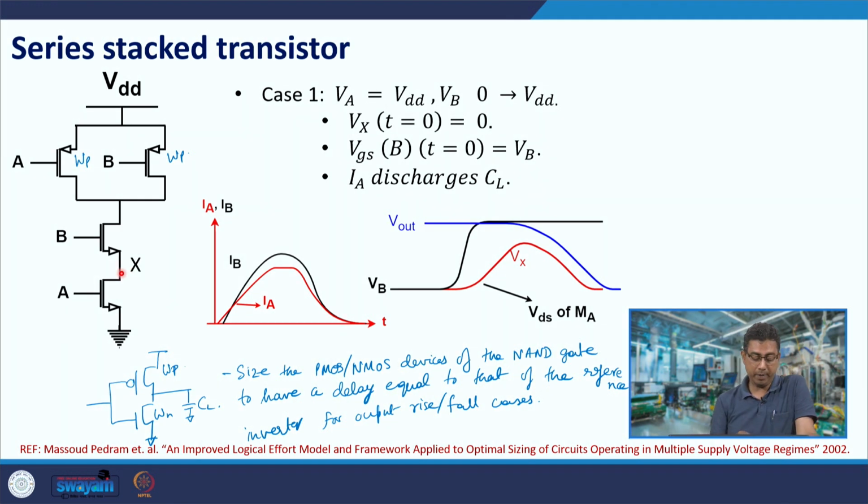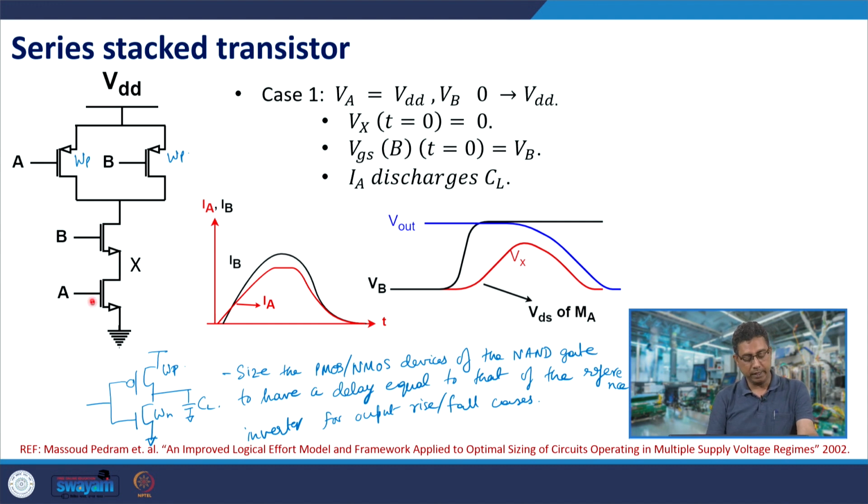So, what would happen at time t equal to 0 when the input of transistor B starts rising? The value of IB would rise, is it not? The current IB would increase, and IA is initially 0 at time t equal to 0, okay. But as soon as IB increases, it would charge the parasitic capacitance at node X, so Vx would also increase.